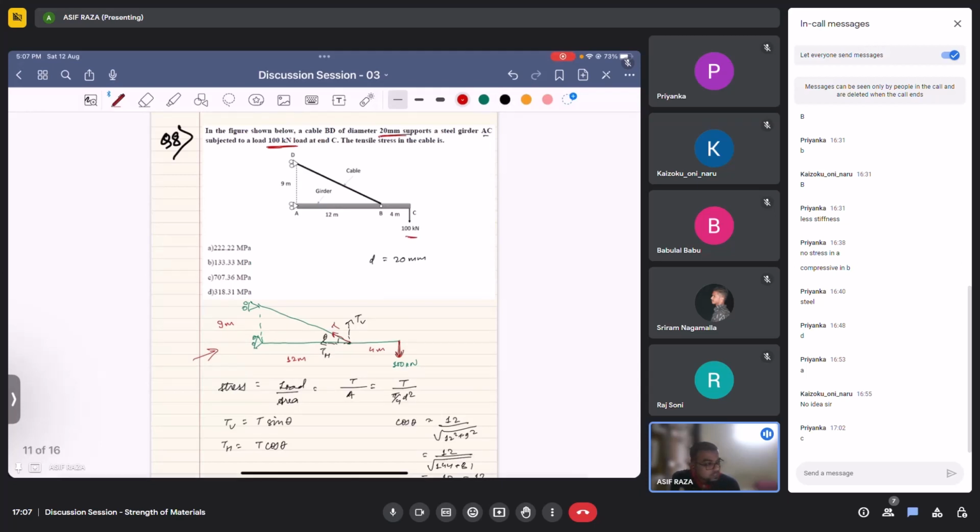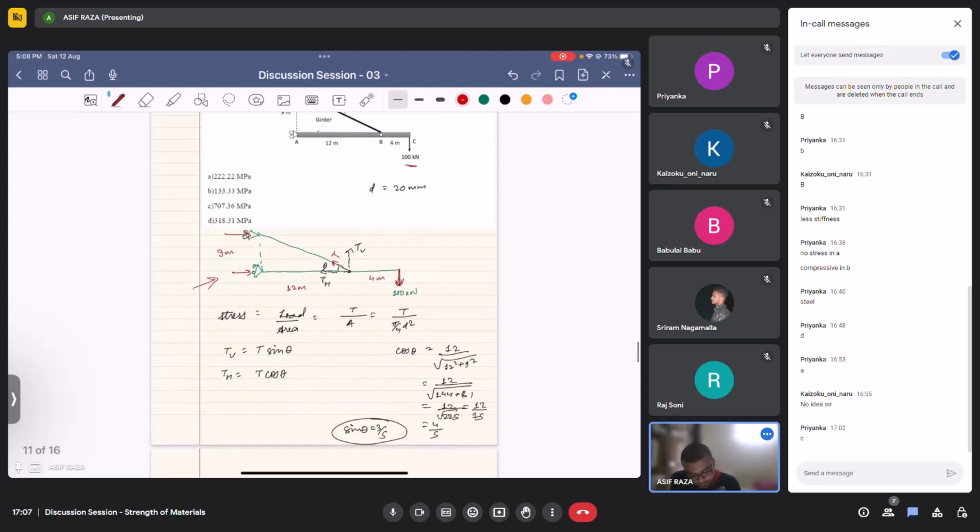So what kind of reactions would be developing? The reactions would be present here and here, right? Those reactions will be present in the system, and we just need to find what is the T.